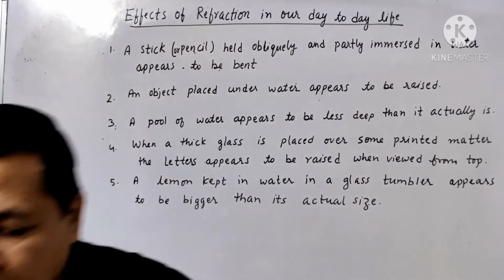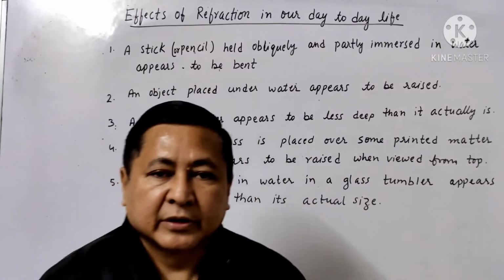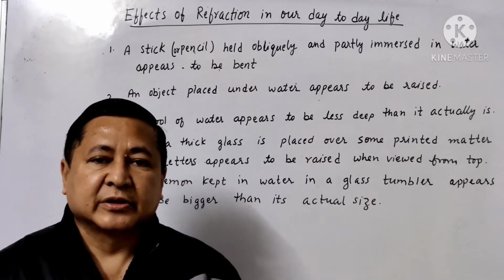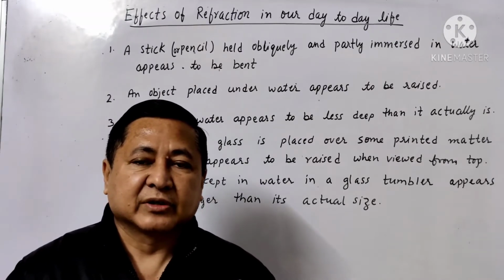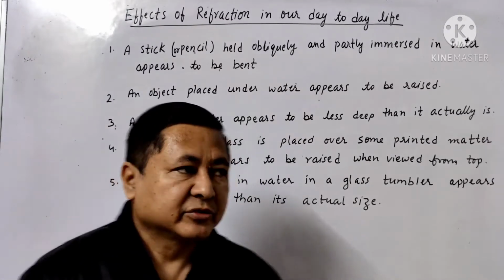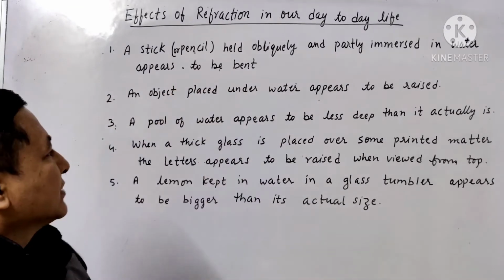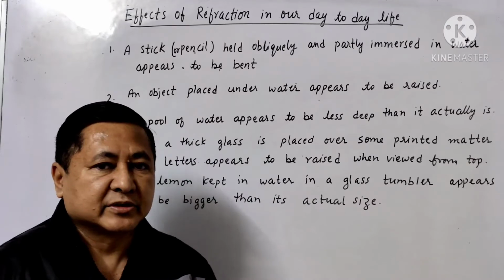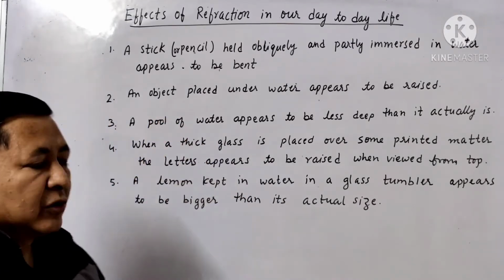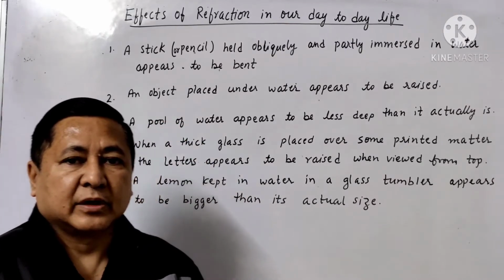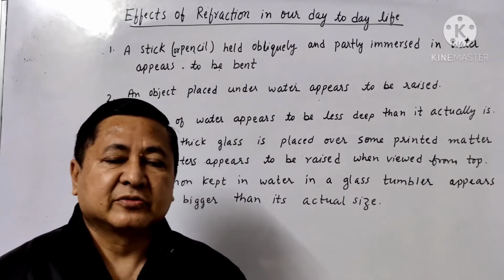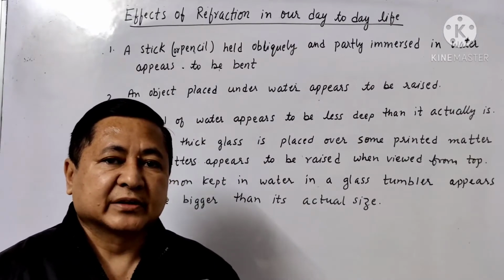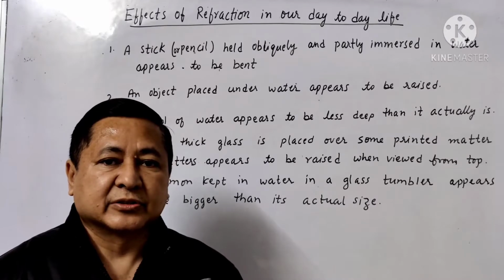Now there are certain phenomena in our day-to-day life which are related to refraction of light. We'll discuss them one by one. The first phenomenon I have just told you: a stick or pencil held obliquely and partly immersed in water appears to bend. The second, you might have seen that if you place a coin in a bucket filled with water, the coin appears to be raised.